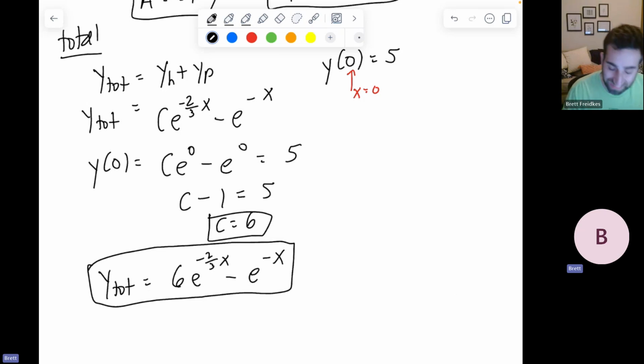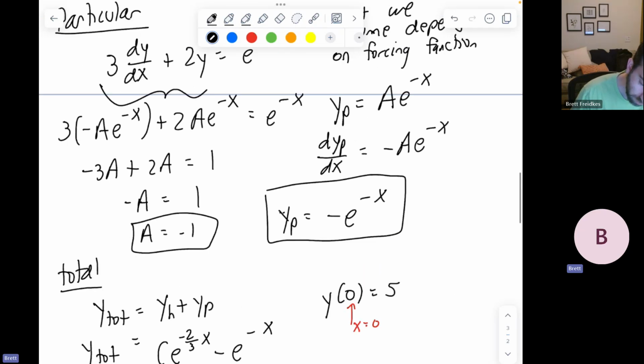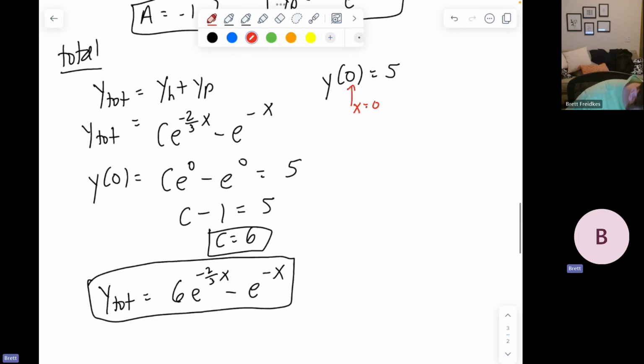Okay. So if you compare the particular, let's write those down again. The homogeneous was C e to the negative 2/3 x, and the particular was negative e to the minus x.